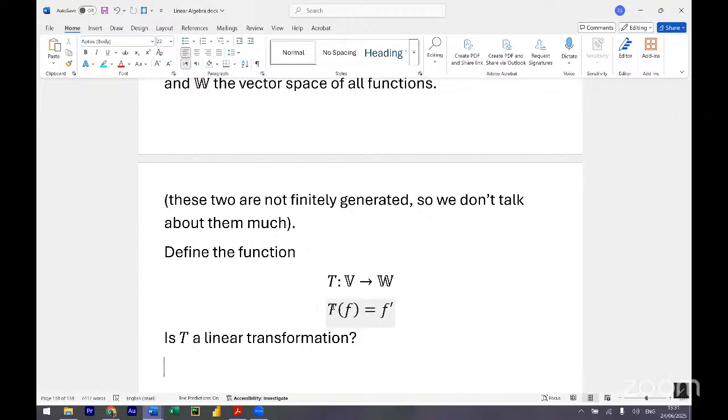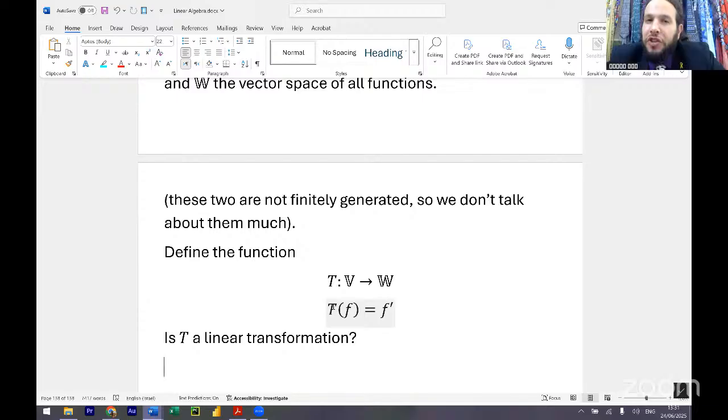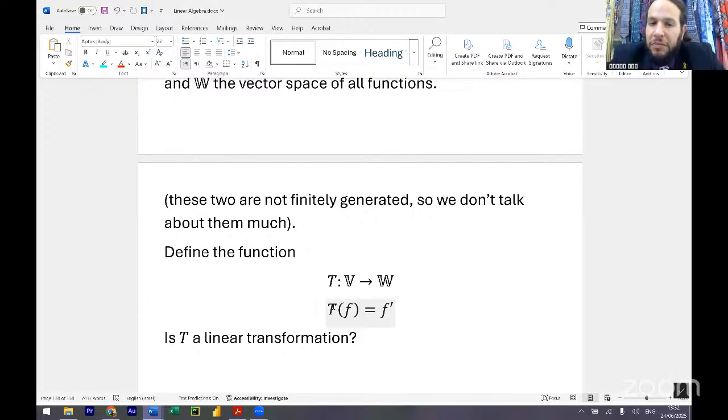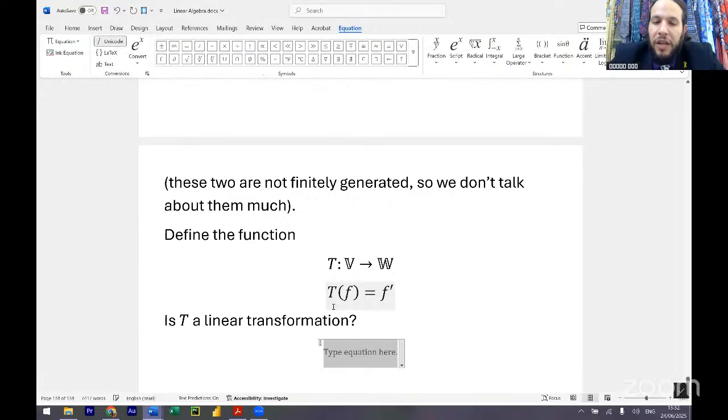We can try to multiply it by something, right? Or what is your guess? I guess it is. So let's see the two rules. What is the function of the sum of two vectors? What is T of f plus g? So by definition, it's the derivative of f plus g.